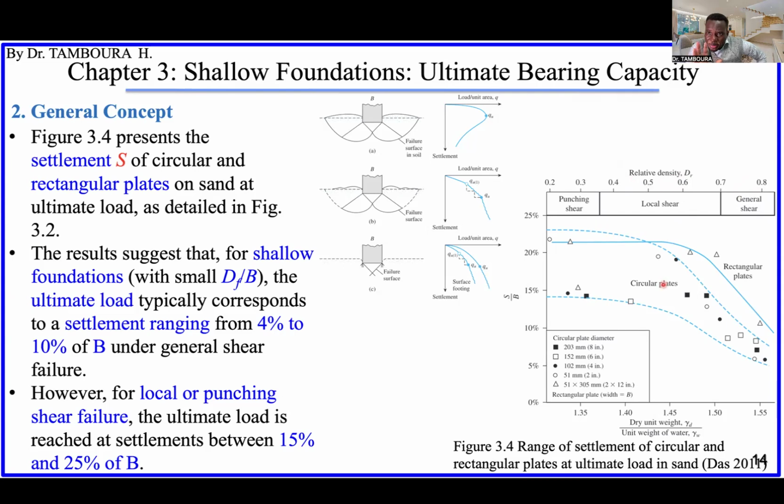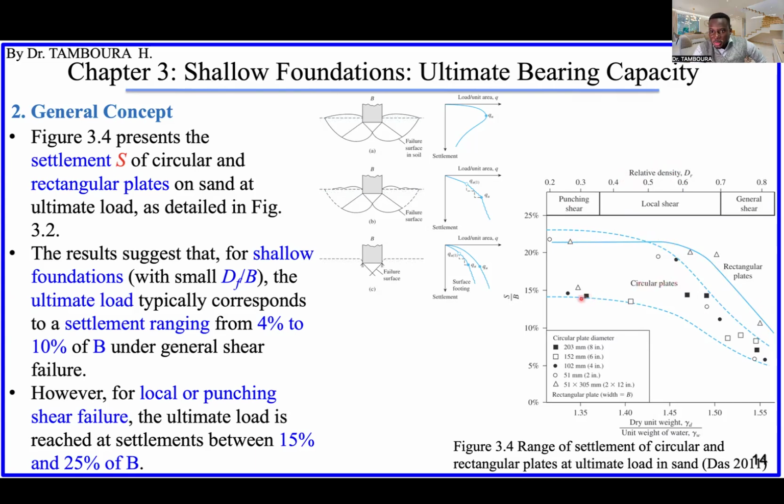Because this is similar, you can see it's similar to the study that made a relationship between relative density and the type of failure. Okay, and the bearing capacity, we can say. But here we have settlement and type of failure and relative density. Okay, so you can see something like this kind of curve.